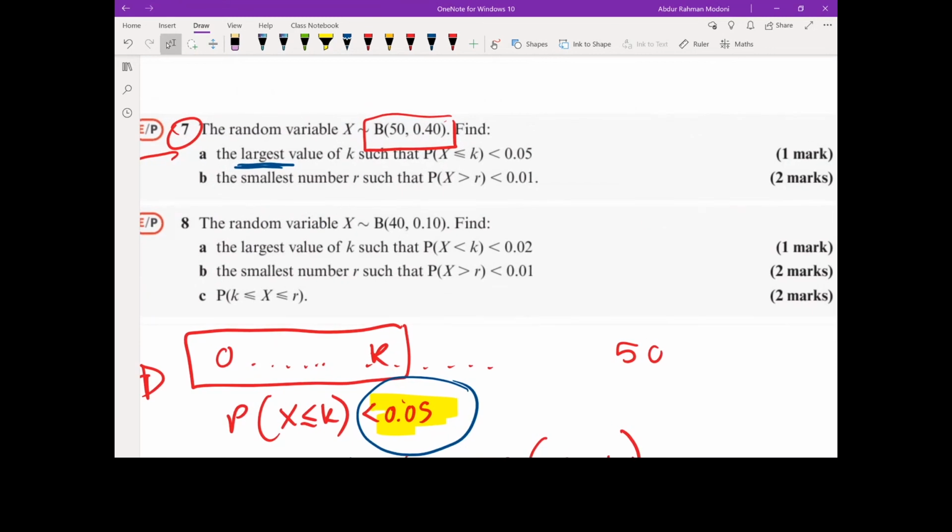We'll look at one more, part B, which is a bit interesting because this is, can you see which side it's looking at? The more than side. So it's not looking at the left-hand side, it's looking at the right-hand side. But the table doesn't give you the right-hand side. So there's the added difficulty. So it's all about that number line. If you can draw the number line and know where you're working at, you will be fine.